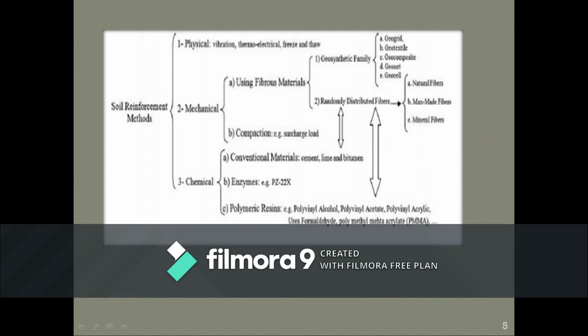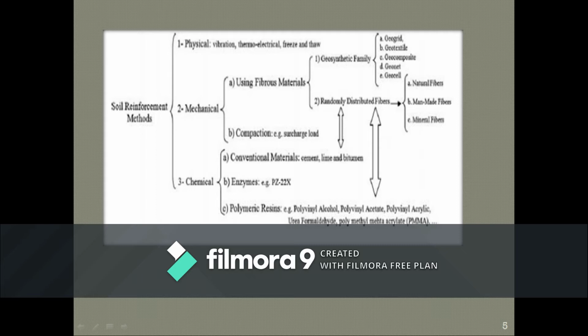Next we have mechanical methods. In mechanical methods, what do we have? We have using fibrous materials. This usage of fibrous materials is again divided into the geosynthetic family and randomly distributed fibers. So what are the geosynthetic family we have?